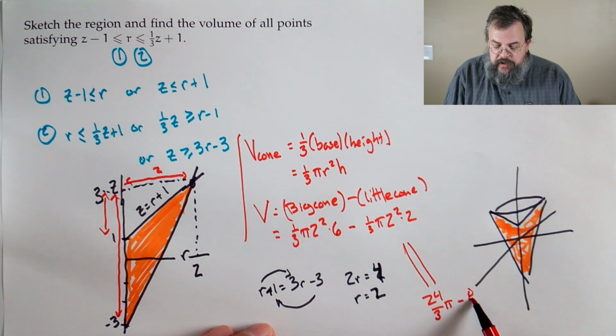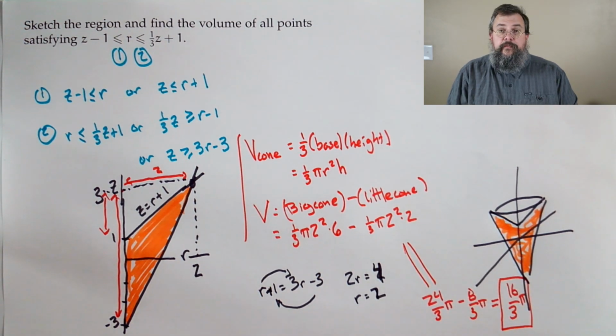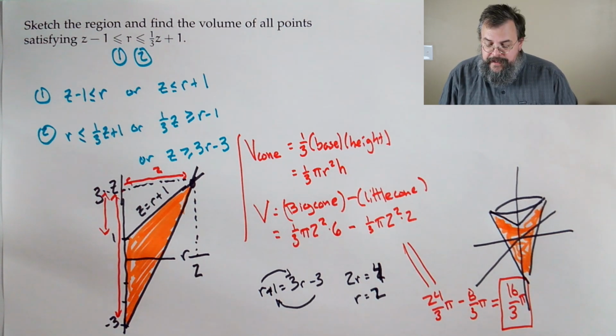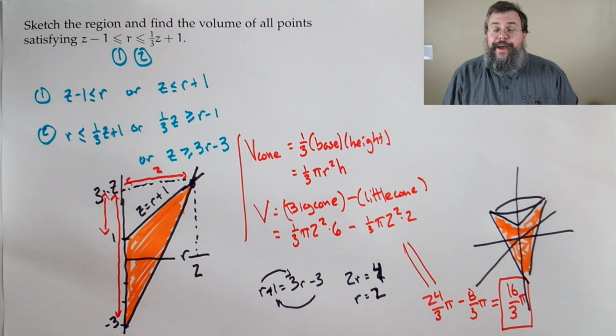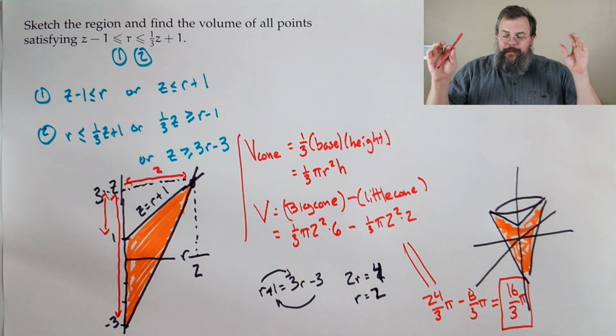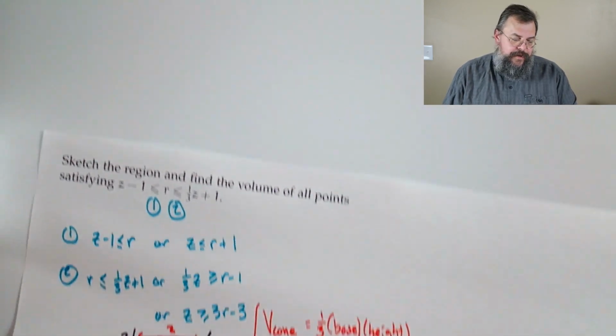So that's 8/3 pi, which leaves us with 24 minus 8 is 16/3 pi. And that's the volume. And there we go. There's the shape. There's the volume. And we're done. Woohoo! We did it! Success! All right. Well, good.